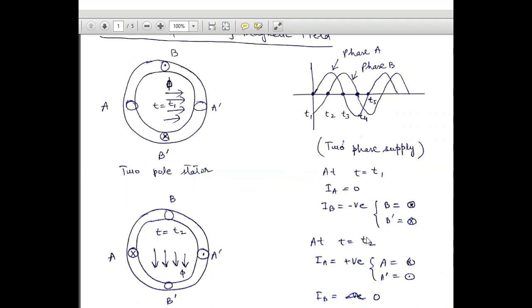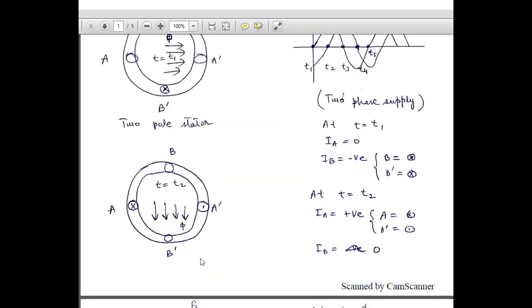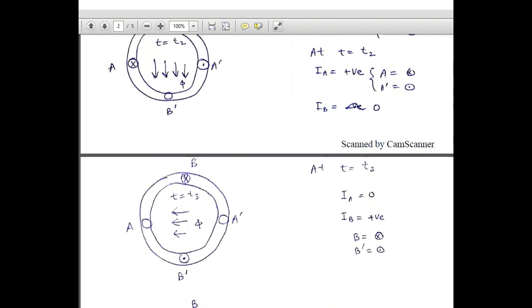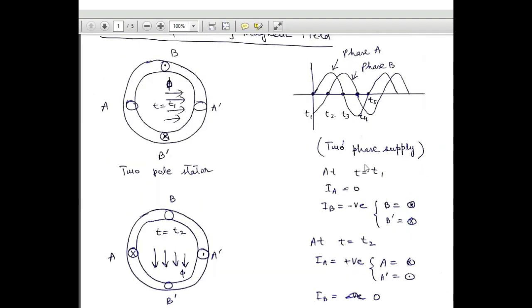Similarly, at the instant t equal to t2, IB is 0 and IA is positive. When IA is positive, it means A has a cross and A dash has a dot. By this marking of the current, the direction of the magnetic field as given by the right hand rule will be from top to bottom. Similarly, when t is equal to t3, IA will be equal to 0 and IB will be positive.